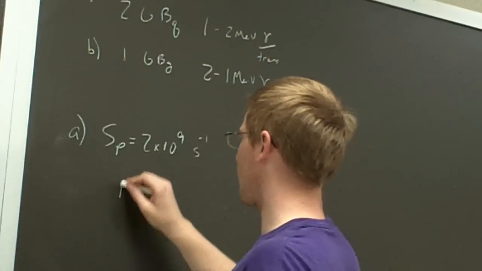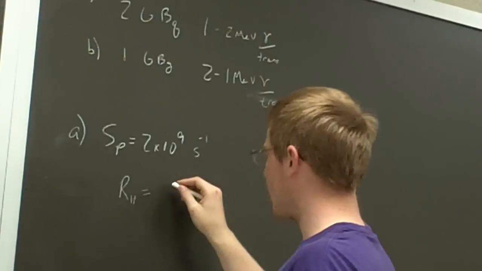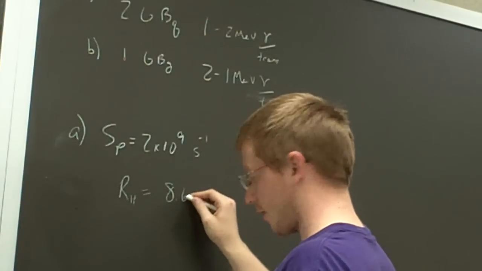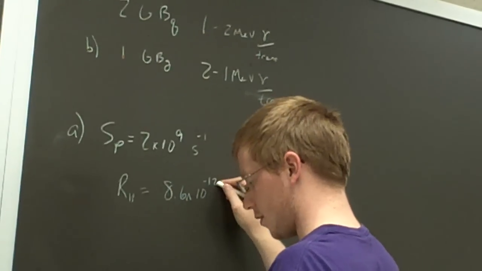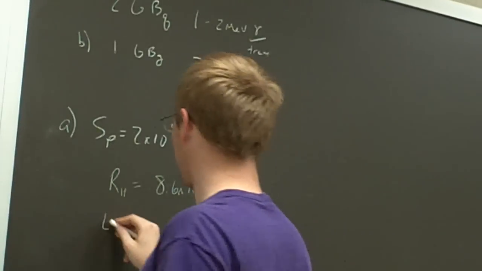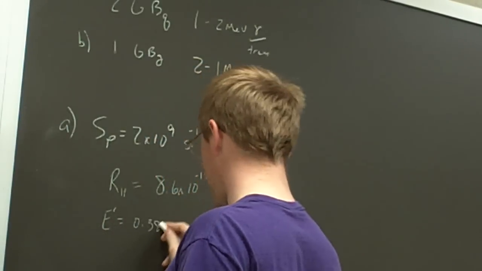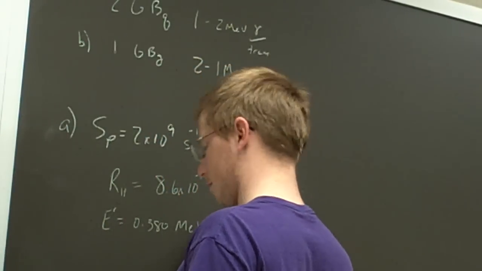And we can get our response function from Shields-Uville or from the back of the book, and it's about 8.6 times 10 to the negative 12 sieverts centimeters squared. And from the Compton formula, E prime is going to be 0.380 MeV.